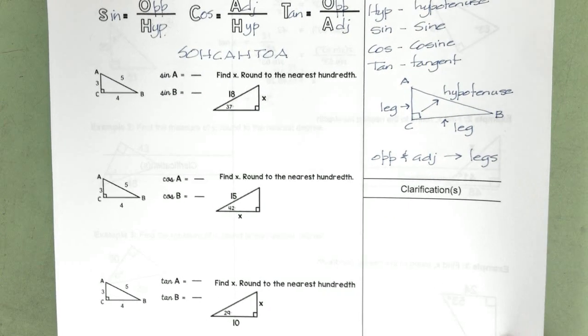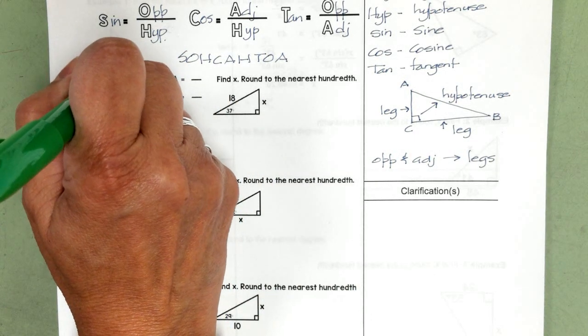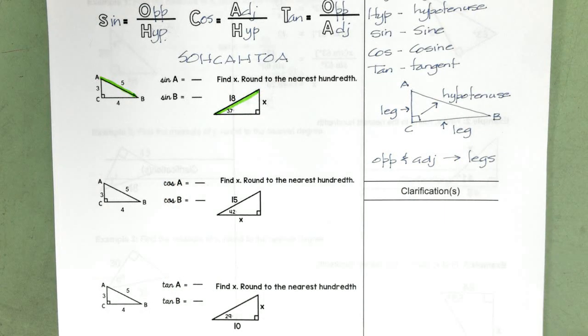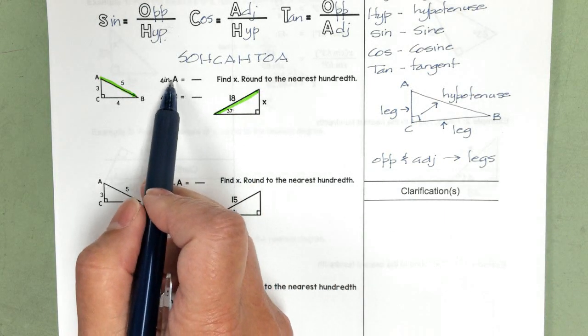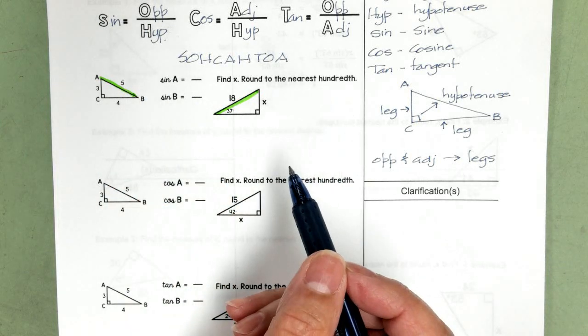So one of the things I do to make sure that I'm looking at the correct sides of the triangle is I highlight my hypotenuse. So we're going to look at sine. Sine is opposite over hypotenuse, and it depends on what angle you're looking at.